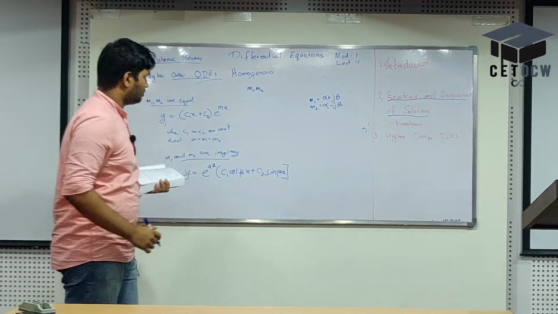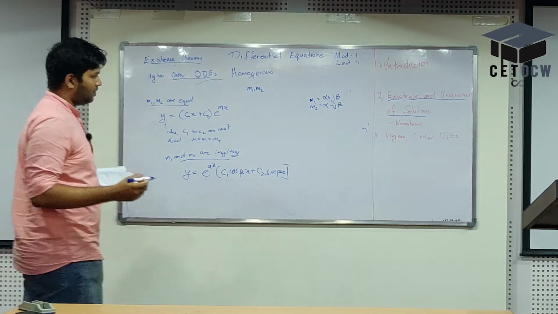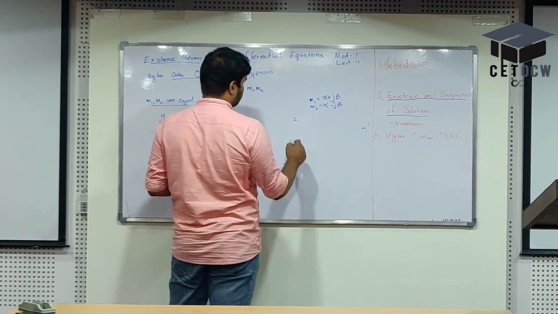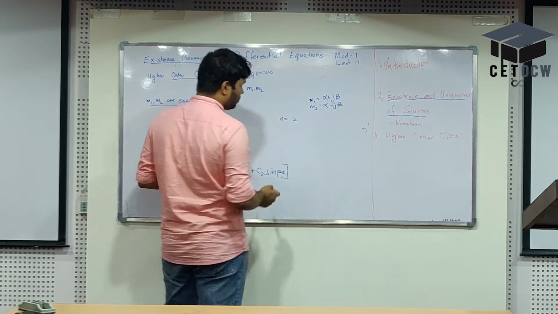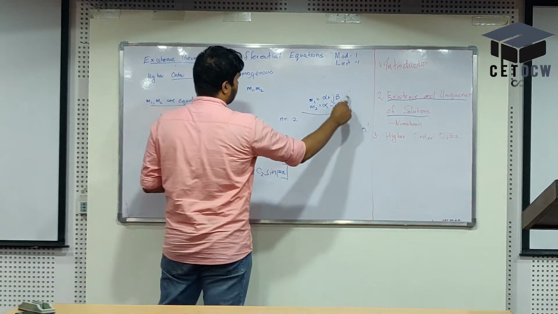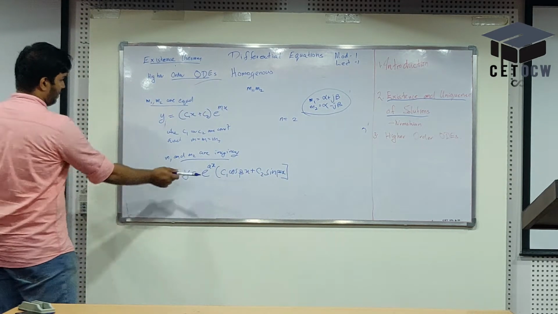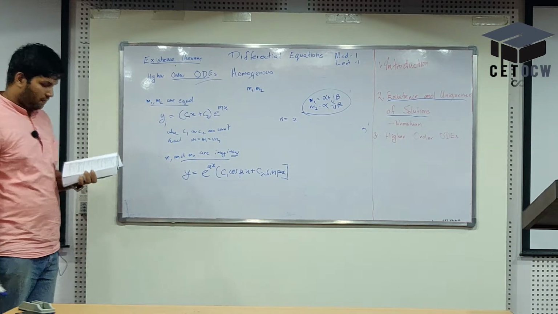So that's how for second order ordinary differential equations, that is n is equal to 2, the roots will be of this form. And if they are imaginary, y will be of this form.